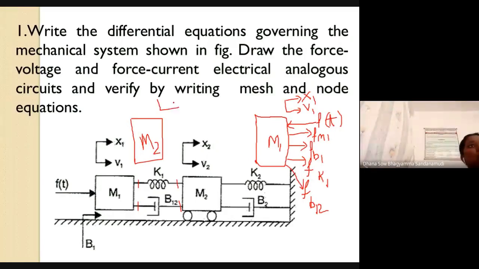So mass 2. The displacement is x2 at mass 2, and the velocity is v2. What are all the opposing forces? The applied force is 0. The opposing forces are Fm2, the force due to mass 2, and Fk1.